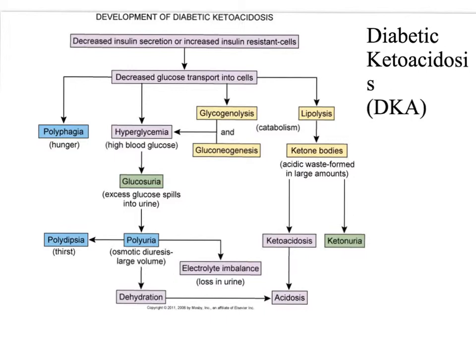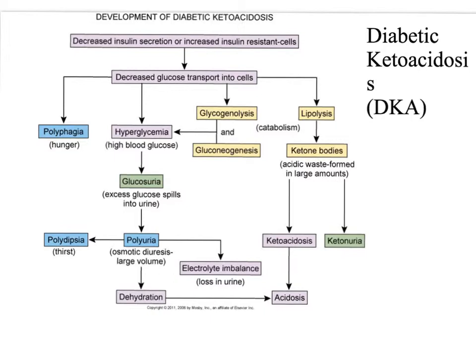It can happen from a couple of things. Another factor that goes into it is physiologic stress. With physiologic stress, you have increased production of glucose. So if you take a lack of insulin and the physiologic stress of increased glucose, it just creates a chain of events.